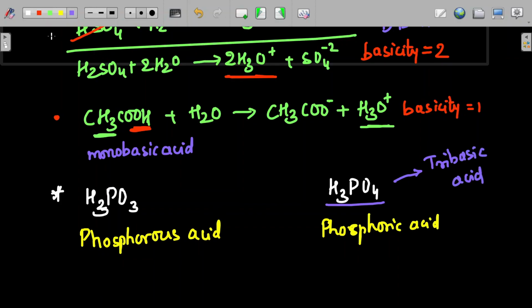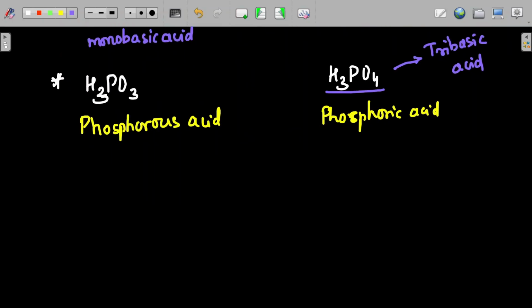But don't make that mistake with phosphorus acid. Here also three hydrogens are there, but all three are not ionizable. See, for your understanding, I will write the structure here, but you need not know this. Only the hydrogens attached to oxygen, you can see only two are there.